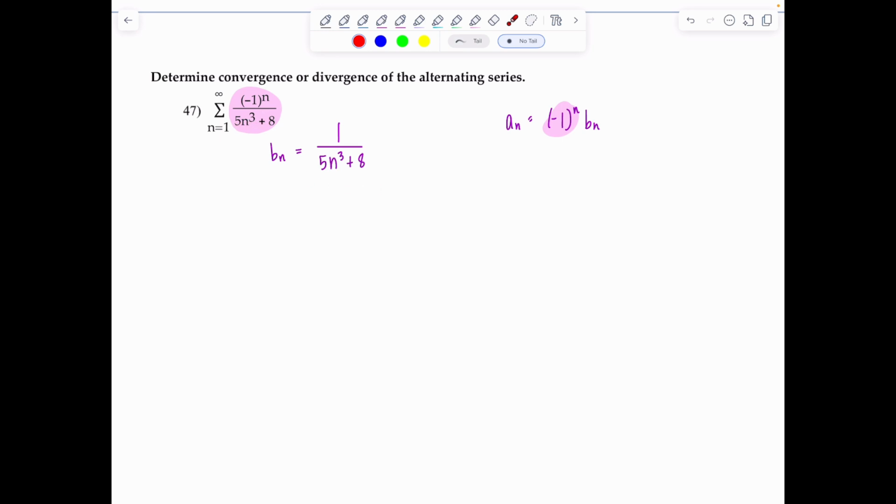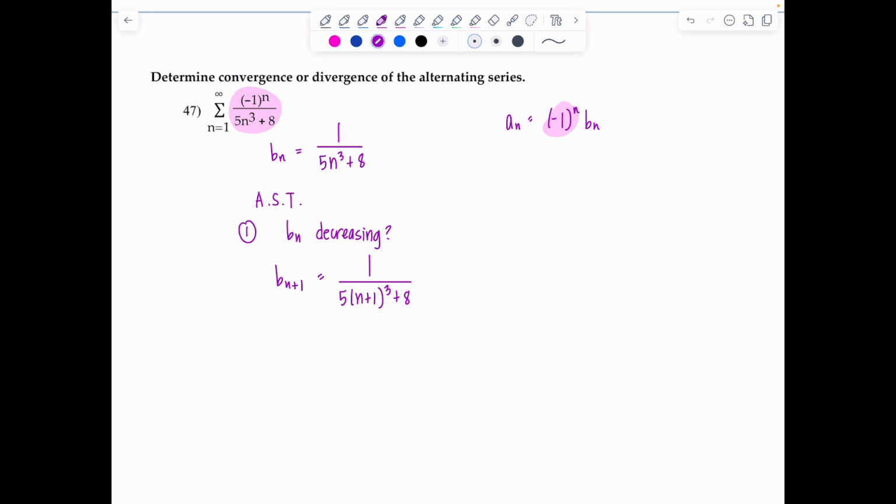So when we do the alternating series test, we need to check two things. First, we need to check, is b sub n decreasing? You can do this again if you need to redefine it as a function of x and take the derivative. In this case, we don't have to go that extreme. I can just say b sub n plus 1 would be 1 over 5 times n plus 1 cubed plus 8.